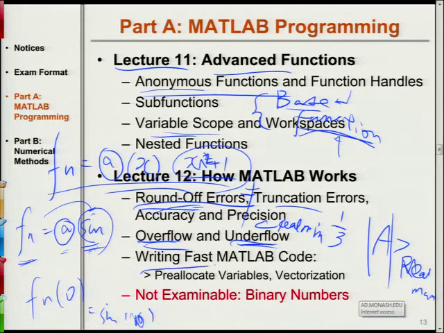And then the last topic we studied in part A is how to write fast MATLAB code. We use pre-allocation. Normally, when we deal with vectors and matrices, at the beginning of the MATLAB code, for example, A, you can pre-allocate zeros(3,3), okay?